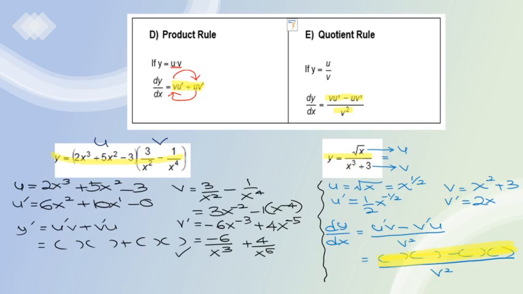Okay, we go for the product rule first. For this one, this is U, this is V. Wherever you want to put U is fine, and V is also fine, but usually U is at the front. And then the formula for the product rule is VU prime plus UV prime.